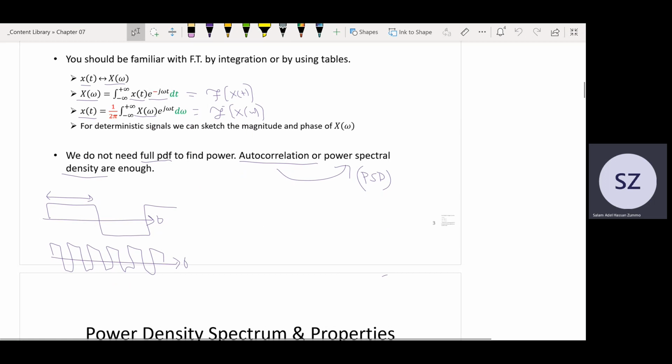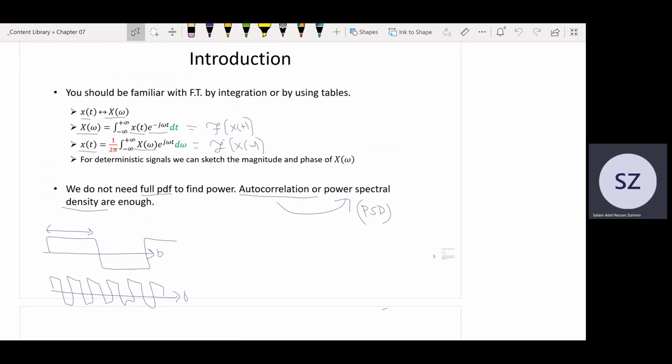Right, so last time we started talking about chapter 7. In chapter 6 we discussed and analyzed and tried to understand random processes, and we defined the autocorrelation function and its components and the cross correlation function. All of that was defined. Now in chapter 7 we try to do the same thing for frequency.